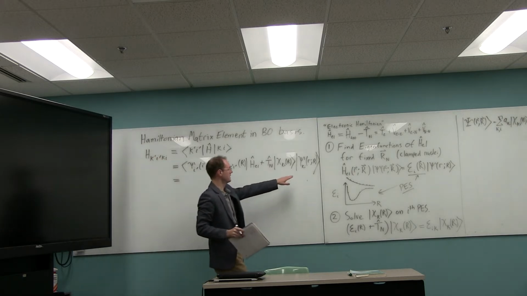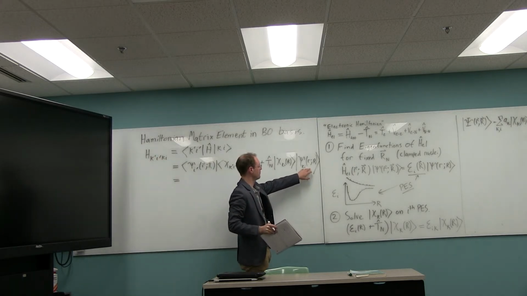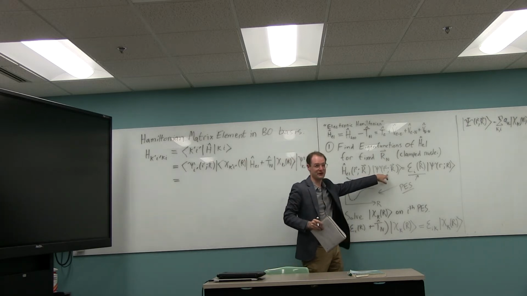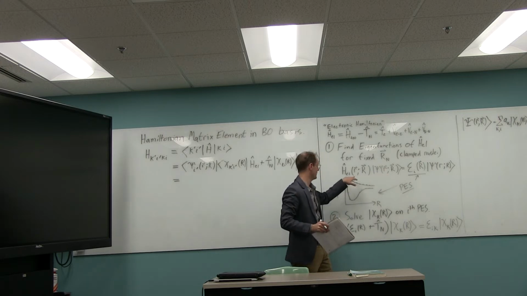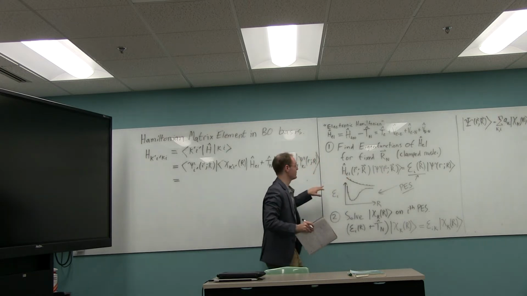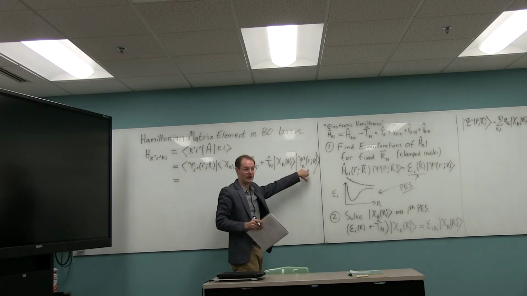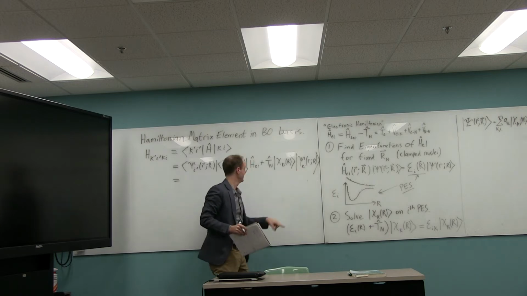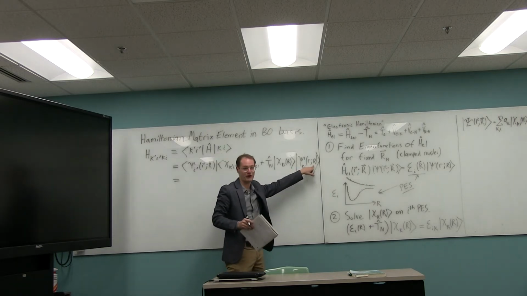So this wave function was obtained by solving this eigenvalue problem, right? So this wave function, by definition, is an eigenfunction of the electronic Hamiltonian. So when we operate on this Born-Oppenheimer basis electronic state, we just get the electronic energy, the Born-Oppenheimer electronic energy of that state, which is defined parametrically as a function of r.